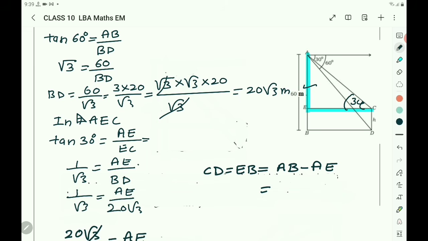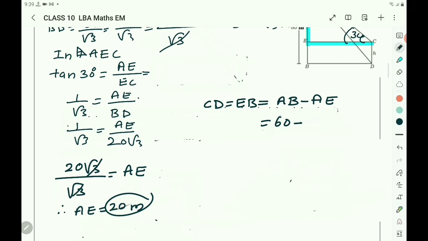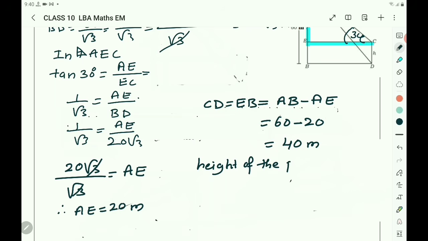AB is 60. 60 minus AE, which you got as 20. 60 minus 20 is equal to 40 meter. Therefore, you write height of the pole equals 40 meter.